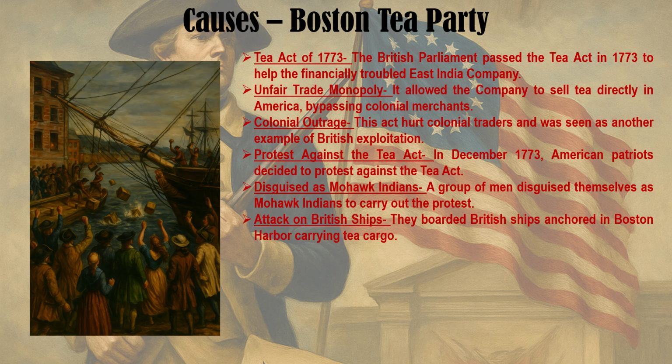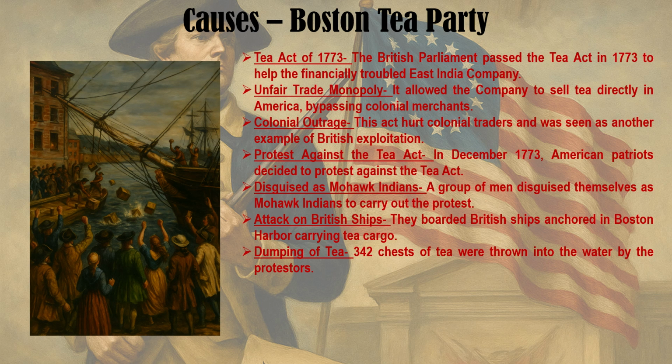They boarded British ships anchored in Boston Harbor carrying tea cargo. So many British ships were there in Boston Harbor, and they somehow managed to enter those ships. And in those ships, the cargo was tea. 342 chests of tea were thrown into the water by the protesters.